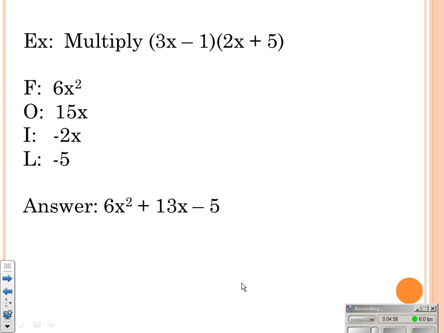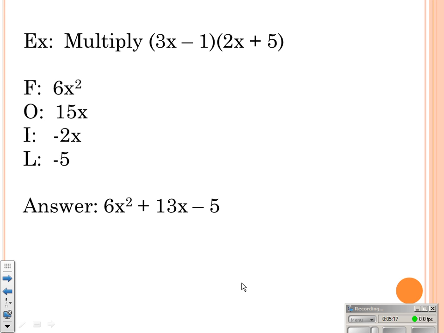So if we were going to multiply these two binomials, 3x minus 1 by 2x plus 5, the first terms would be 3x times 2x, and we get 6x squared. The outsides would be 3x times 5, we get a positive 15x. Inside is negative 1 times 2x, we get negative 2x.